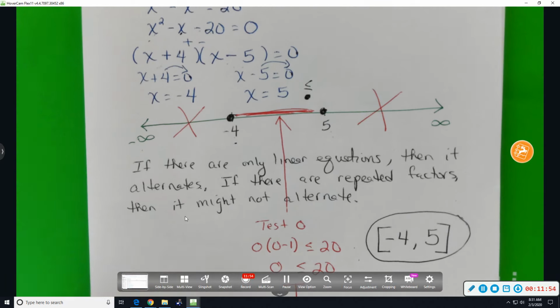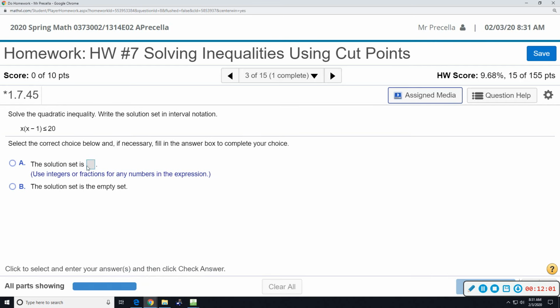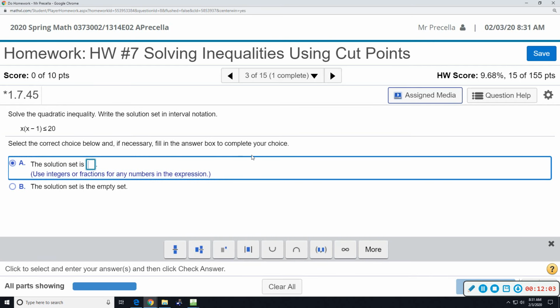So let me pull up the problem and type in. What is it? A bracket, -4, comma, 5, bracket.